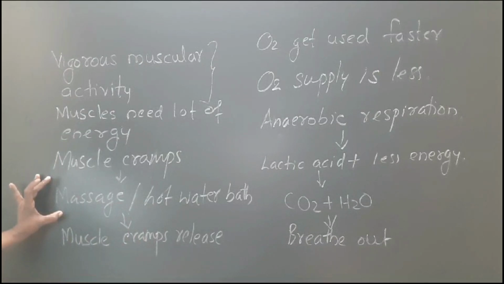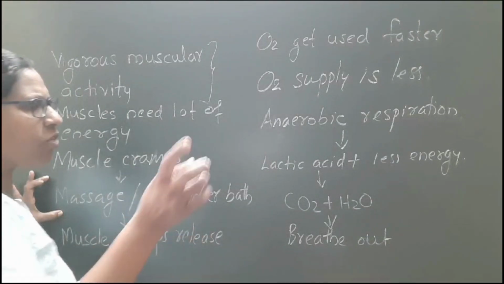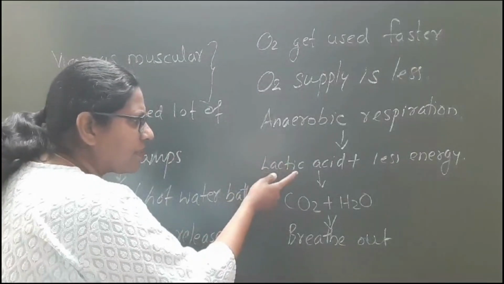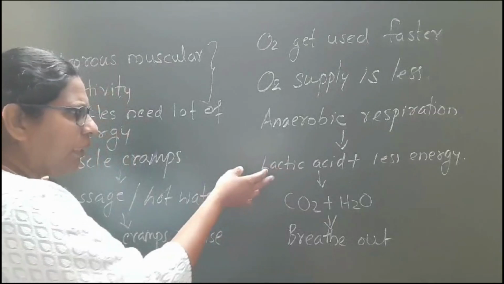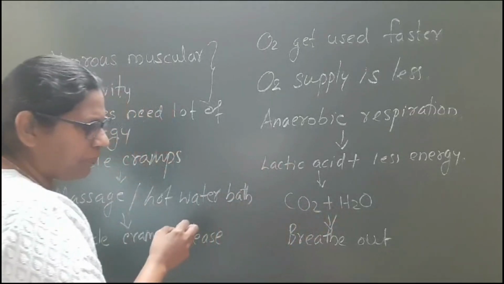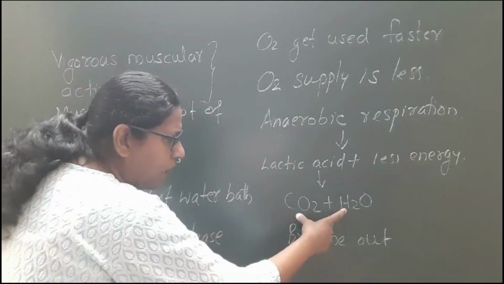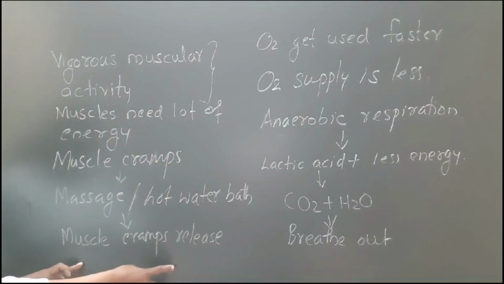When blood circulation increases, there is more oxygen supply. In the presence of oxygen, the cells break down this lactic acid into carbon dioxide and water. We breathe out this carbon dioxide and water. Then the muscle cramps release.